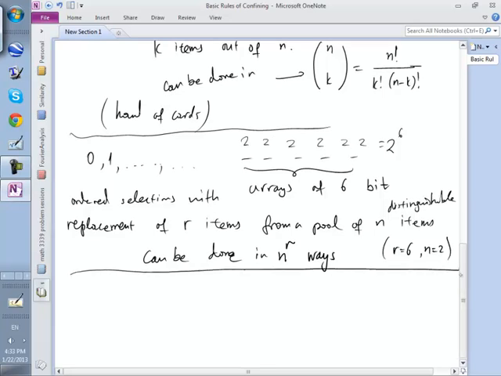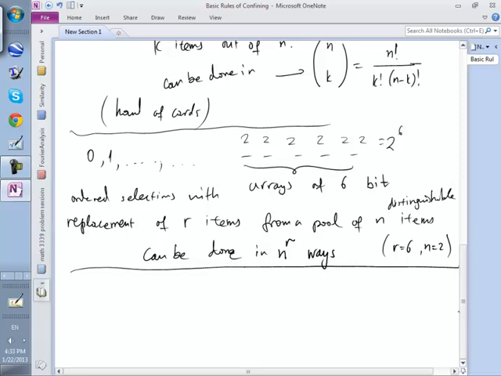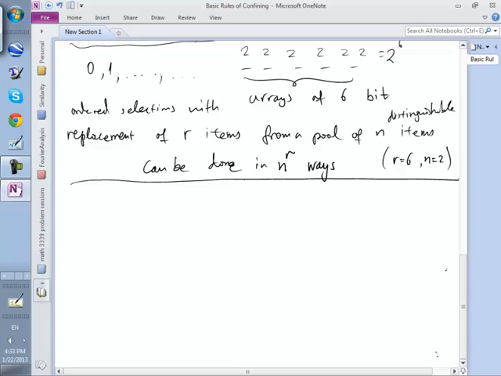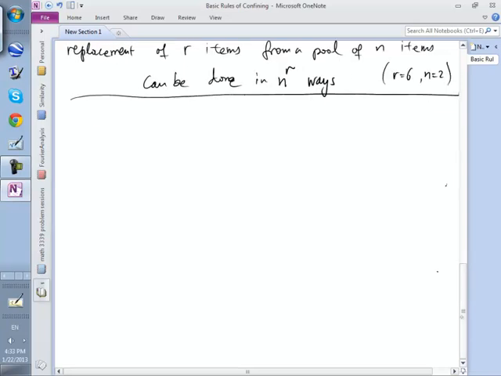do some problems. Now, we will begin calculating probabilities. And to begin calculating probabilities, we will use the so-called classical probability model. Now, when we calculate probabilities, unless we're given a probability model, which is what we will be doing very soon when we'll start using the concept of random variables, where the probability model is given to us or it can be derived from a certain set of rules.